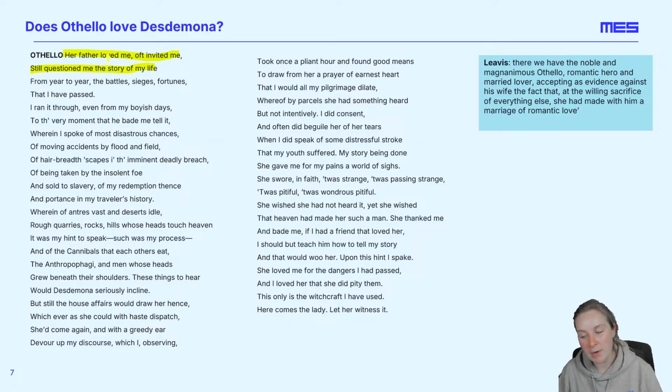And as we saw when we looked at a model paragraph a couple of lessons ago, we can describe Brabantio's trajectory from love to out of control hatred as a smaller version, a microcosm or a precursor or foreshadowing, whatever way you want to say it, of Othello's own trajectory. Brabantio loves his daughter, thinks of her as perfect, seemingly loves Othello as well.